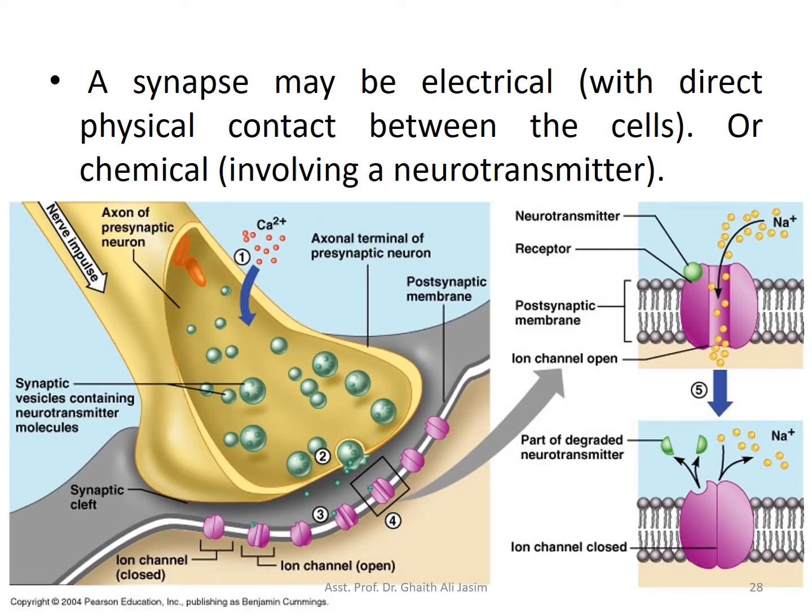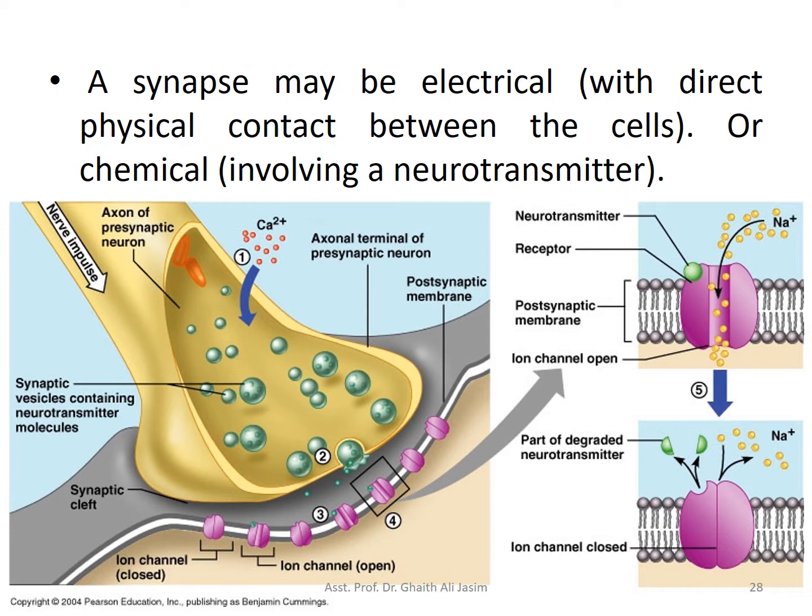A synapse may be electrical with direct physical contact between the cells, or chemical involving a neurotransmitter. We can see in the illustration below, when a nerve impulse or action potential arrives at the presynaptic membrane, this neuron will release a neurotransmitter which will connect to its specific receptor at the postsynaptic membrane.